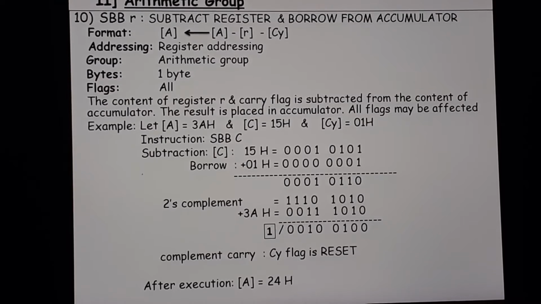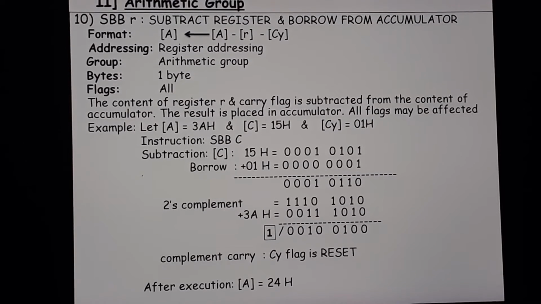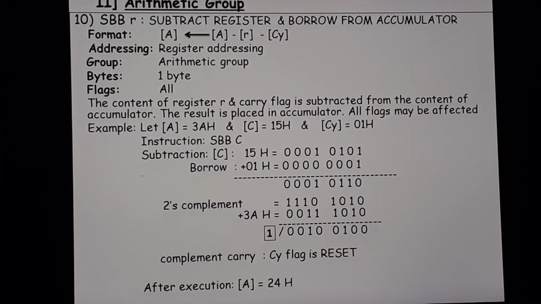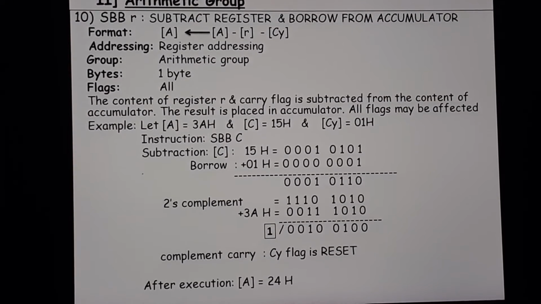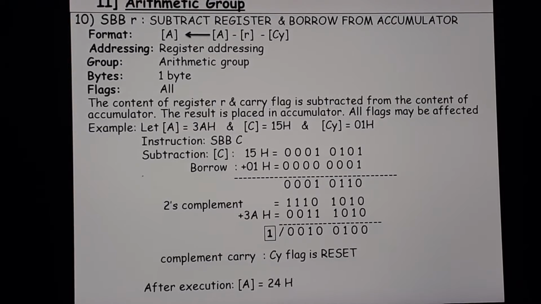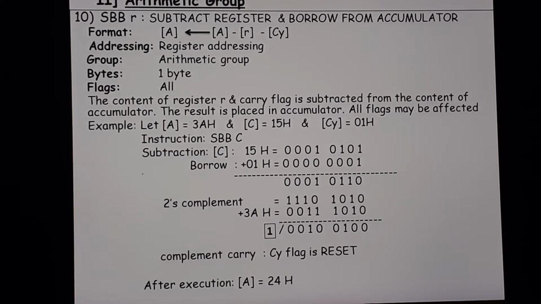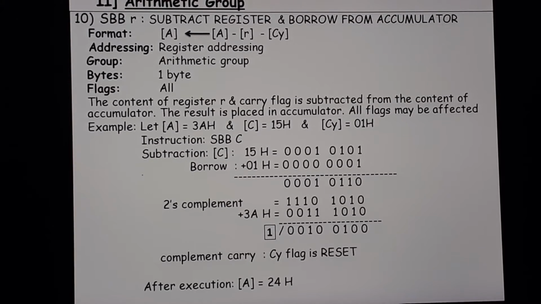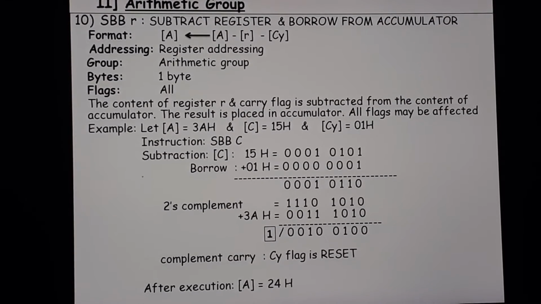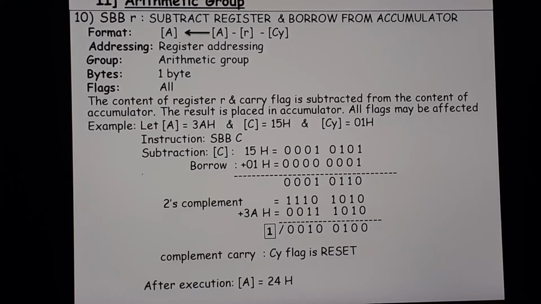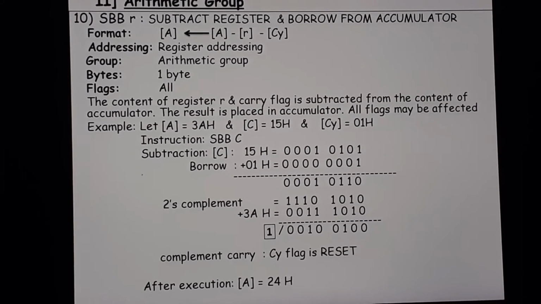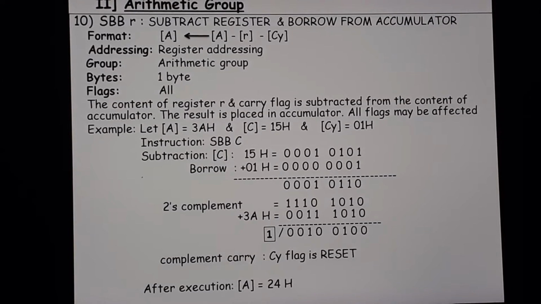So what will happen here? A minus the register C content minus the carry flag content. But as I have told you in the last video, in subtraction we follow the 2's complement method, but not of the accumulator and not of the carry flag, but only the 2's complement of the register if it is a register in the instruction, or the data if there is data in the instruction.